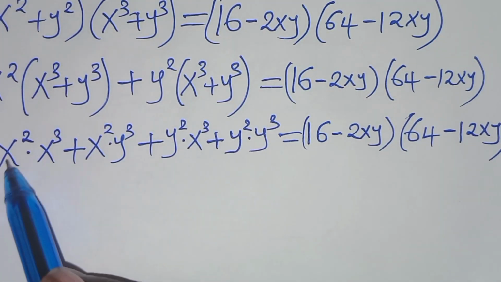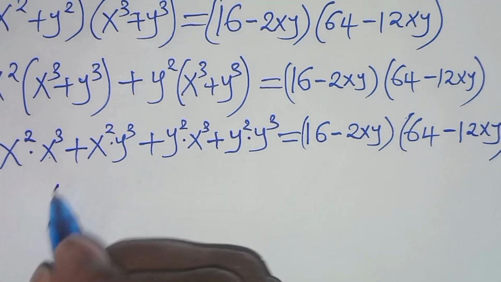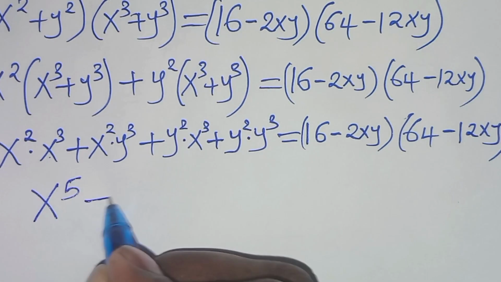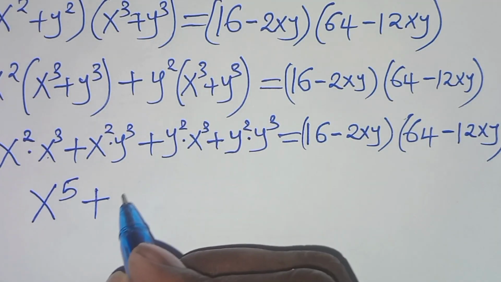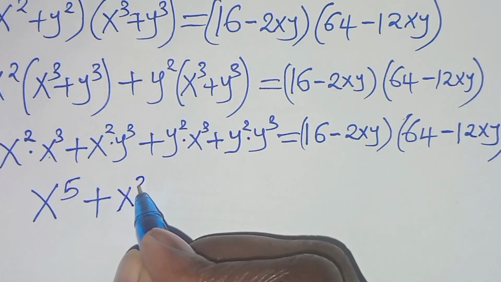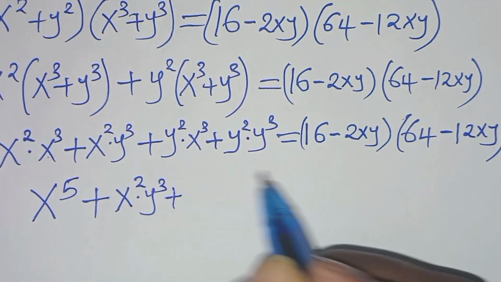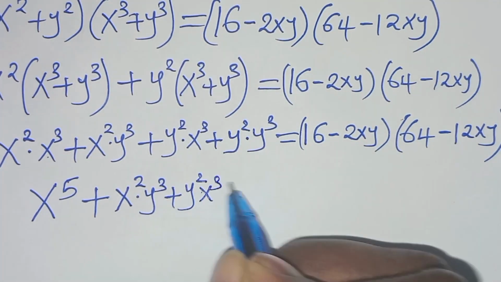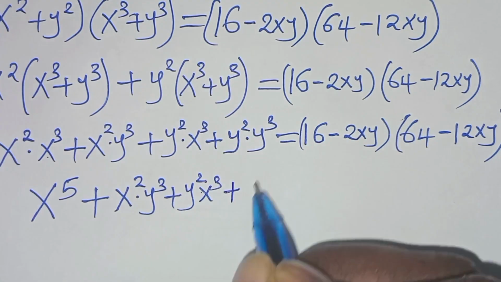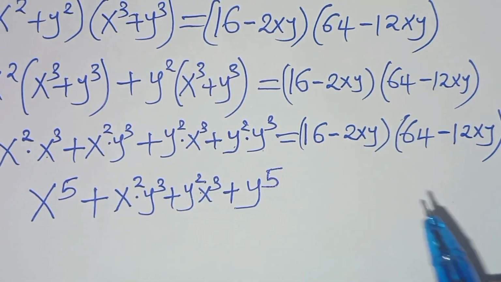So here, x to the power 2 times x to the power 3 is x to the power 5, plus x to the power 2 times y to the power 3, plus y to the power 2 times x to the power 3, plus y to the power 2 times y to the power 3, which is y to the power 5.